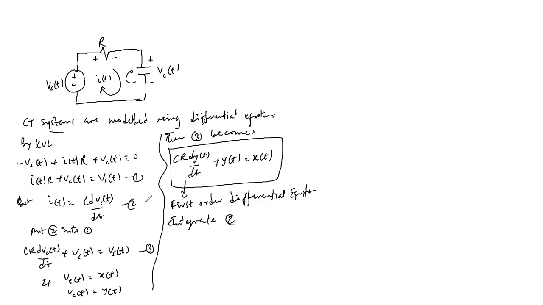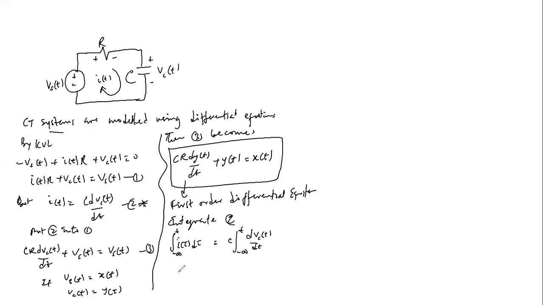So we're going to get the integral from negative infinity to t of i of tau d tau is the same as C times the integral from negative infinity to t of dVc.